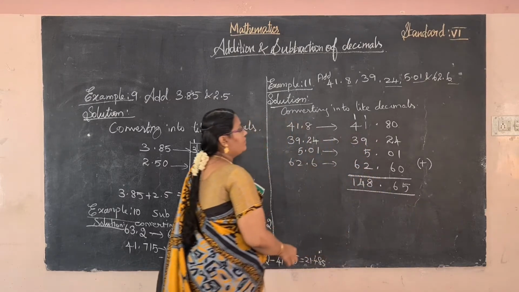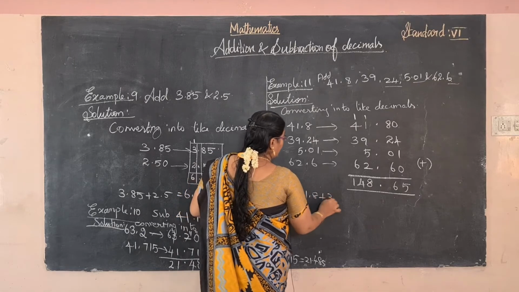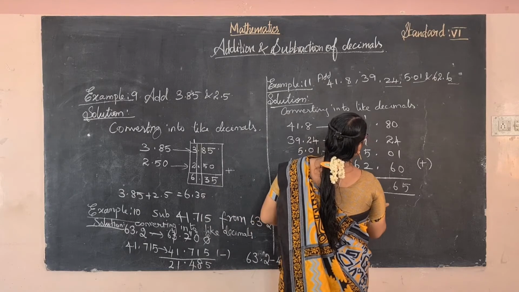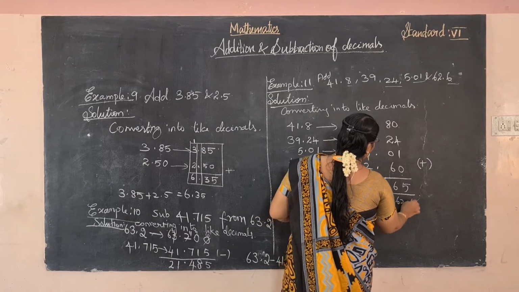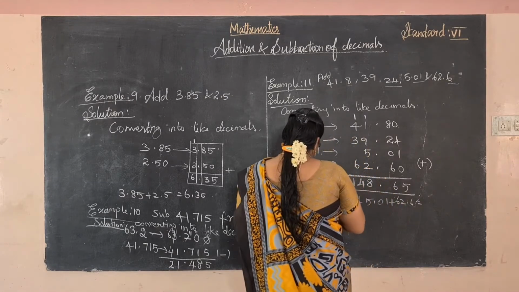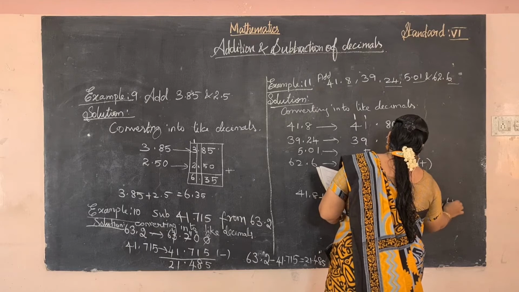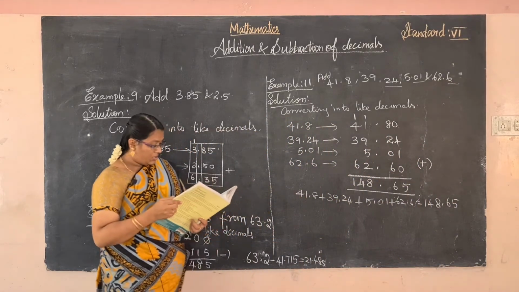So the sum of these values, 41.8 plus 39.24 plus 5.01 plus 62.6, is equal to 148.65. I hope you understood this concept.